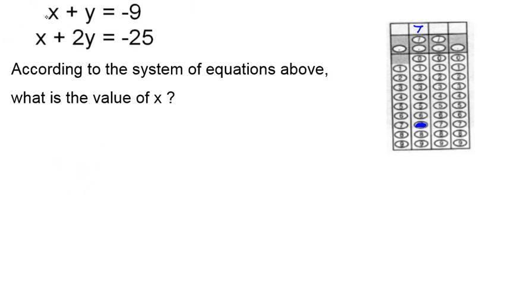Now let's say that on top we have, instead of x plus y equals -9, what if instead we had x plus 3y?